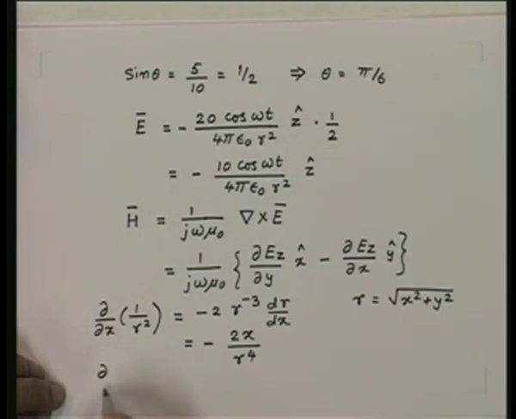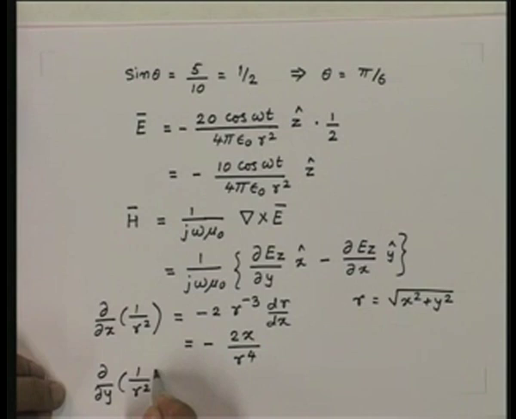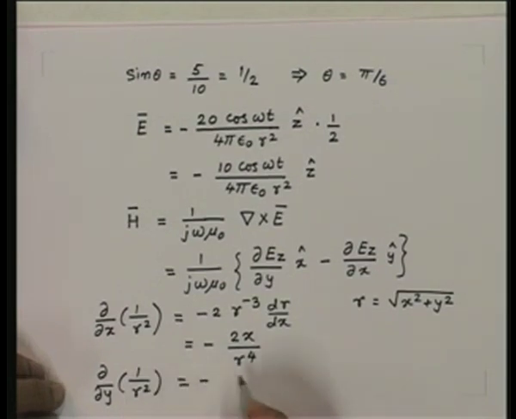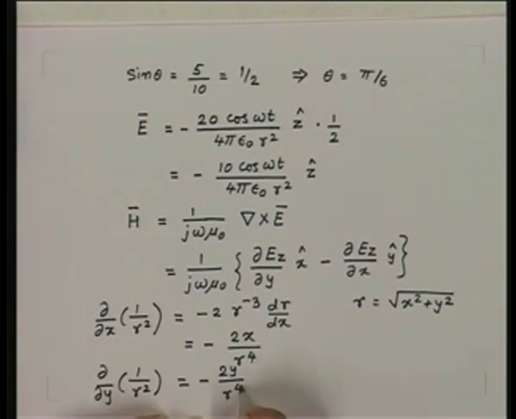Similarly, we can get d by dy of 1 upon r square, and that will be equal to minus 2y upon r to the power 4.